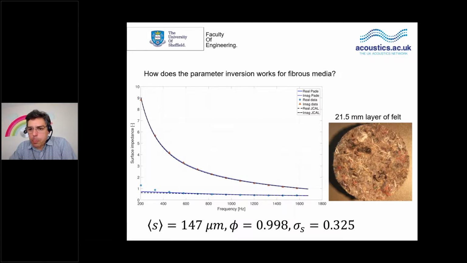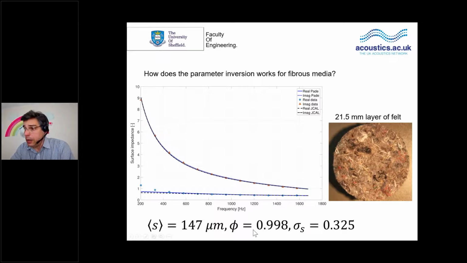We can also show a similar figure, the same comparison but for a 21.5 millimeter thick layer of automotive felt. This material is used to line car boots and saloons to reduce noise. Similarly, the prediction, which is the circles and triangles, is very close to the data, and the 2 models are almost identical.